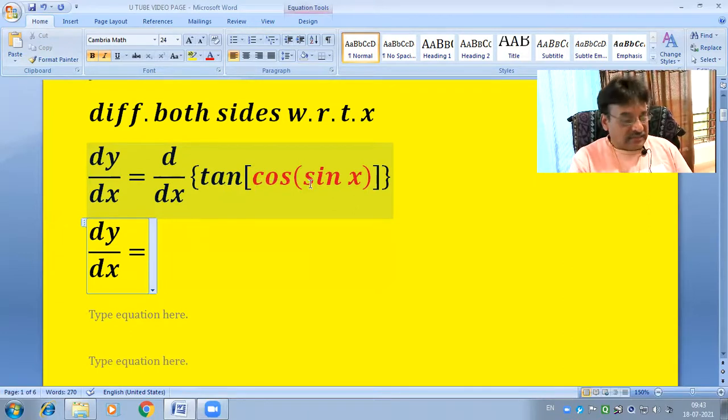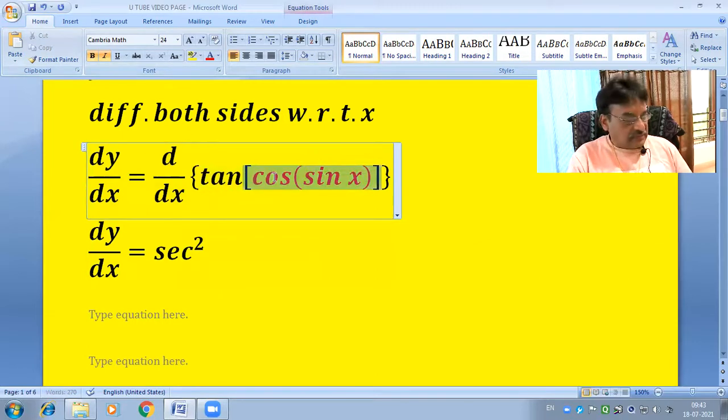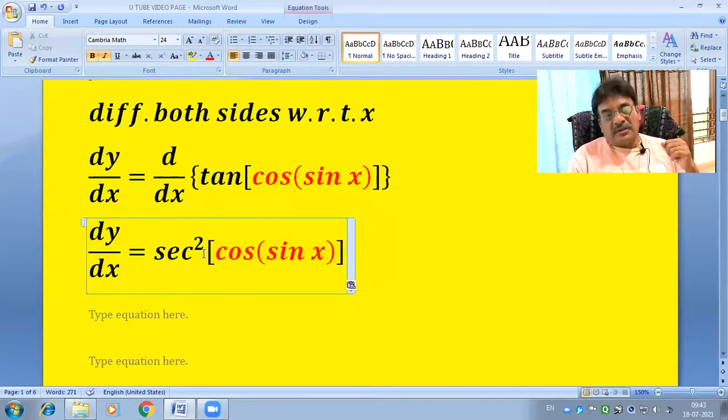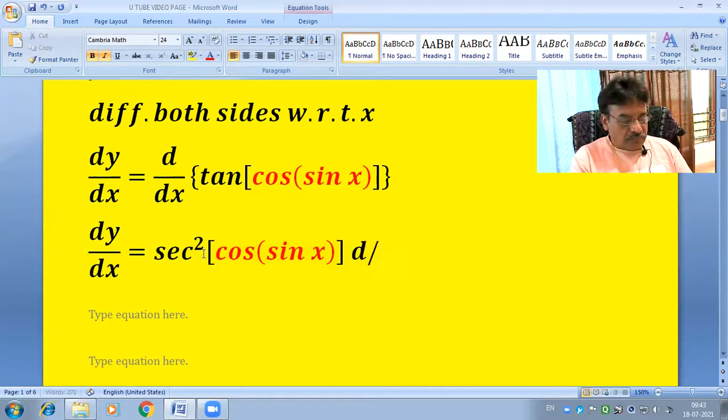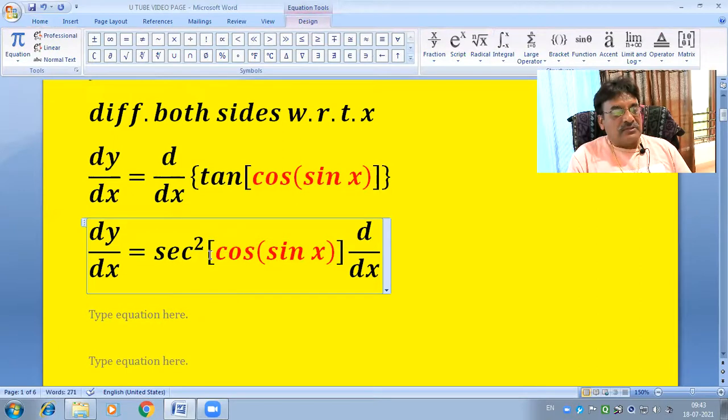So we write sec square cos of sin x into d/dx of this red color function, that is cos of sin x.